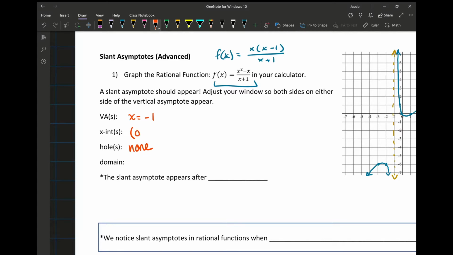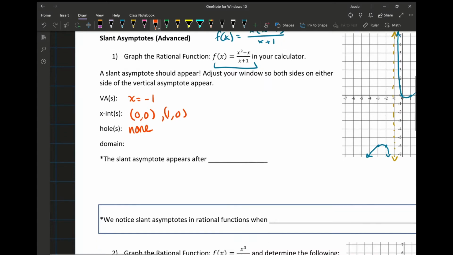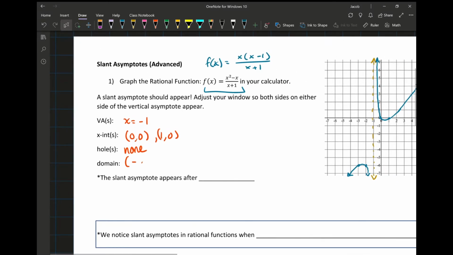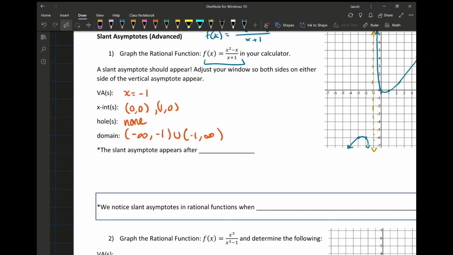So I've got (0, 0) and (1, 0). Then our domain is -infinity to -1, -1 to infinity. So bread and butter stuff with functions.